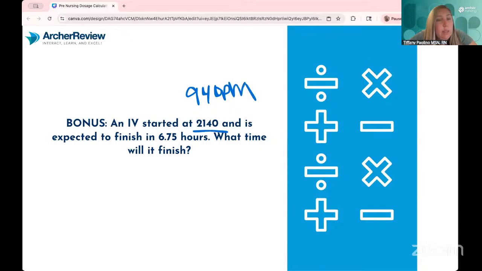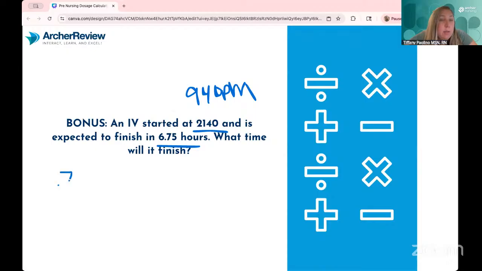or 2140, and it's expected to finish in 6.75 hours. When is it gonna finish? So, a couple ways we could do this. Basically, what you need to do to find out the finish time is we need to convert this 0.75 hours into minutes. How do we do that?